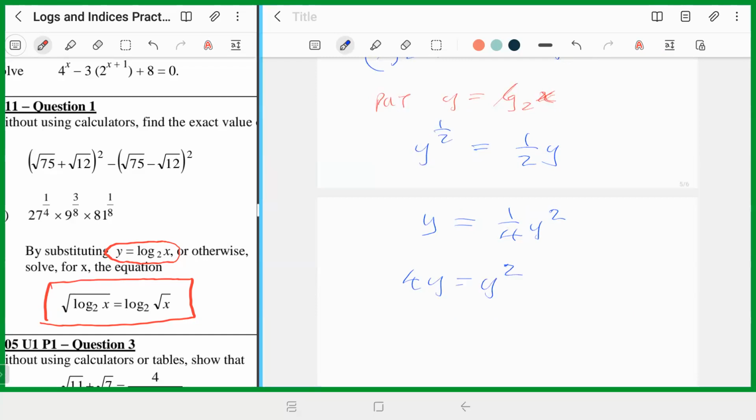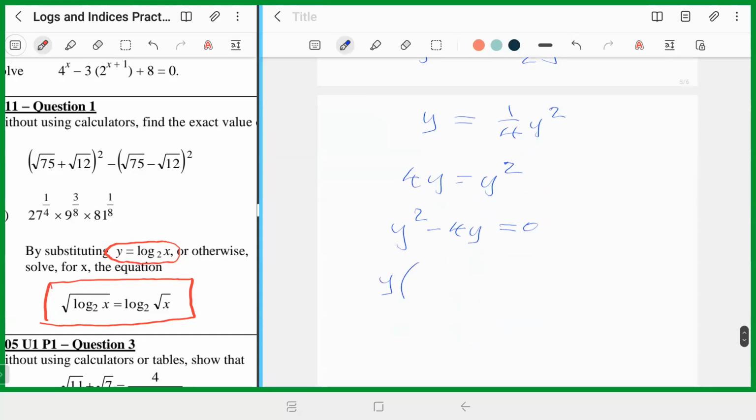That becomes a quadratic, so carry this over to this side and subtract. We get y squared minus 4y equals 0. So factorize the y: y bracket y minus 4 equals 0. So y equals 0 or y equals 4.